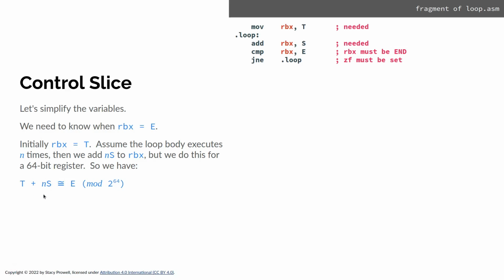Or our program maybe would have terminated after N iterations. Think about this. If our program terminates after one iteration, then this is met and we're satisfied. But there might be other values of N that satisfy this equation.